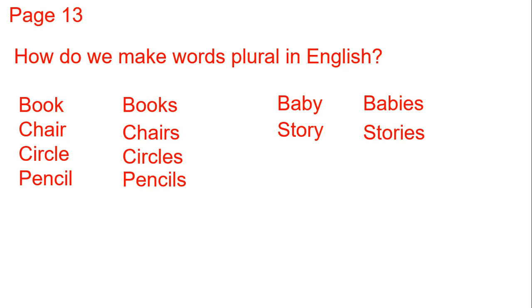And then there are some words that are just completely irregular that don't follow the rules at all. So we have one goose, but many geese. One mouse, but many mice. One deer, many deer. One fish, many fish. The words deer and fish are both singular and plural. They don't have a different form.